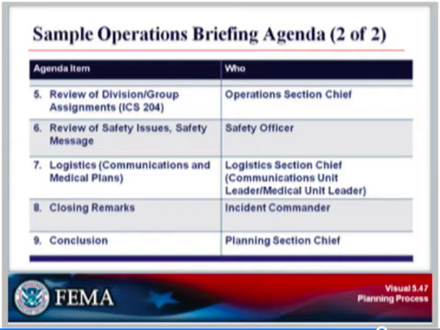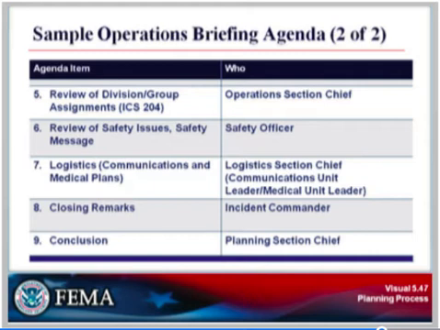It is not unusual for incident conditions to have changed between the time the IAP is duplicated and the operations briefing. The Operations Section Chief may dictate last-minute changes to the IAP. This is the primary focus of the meeting.